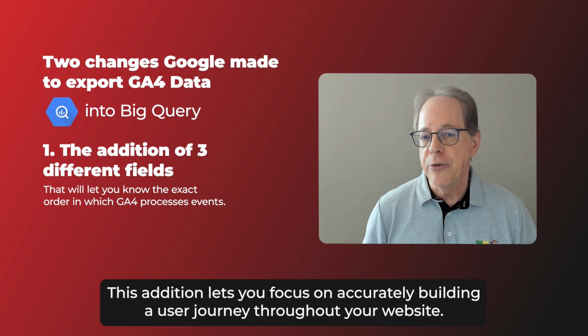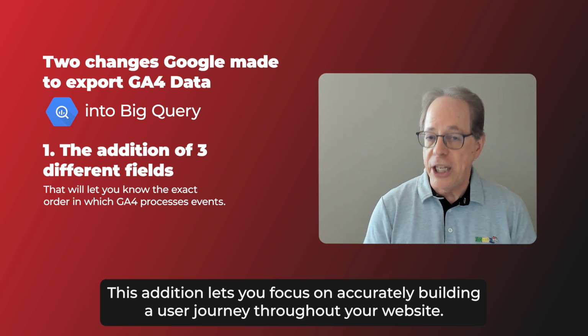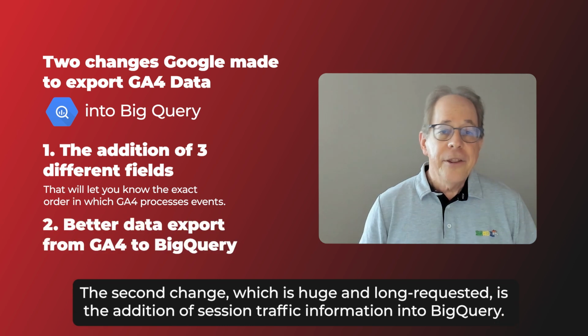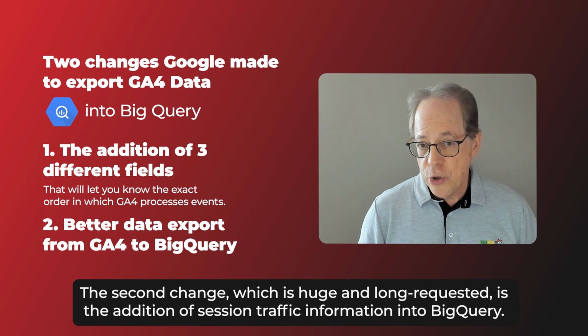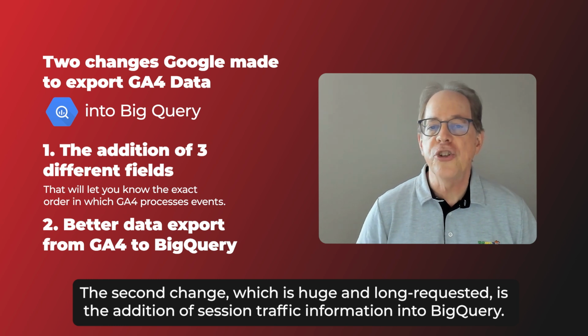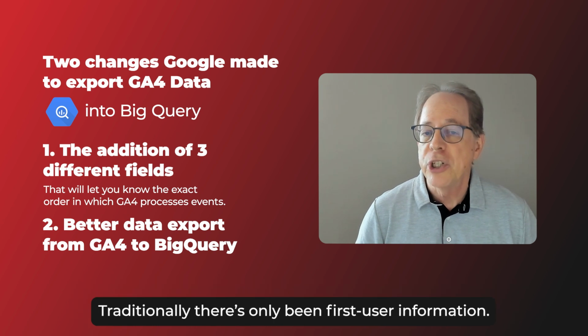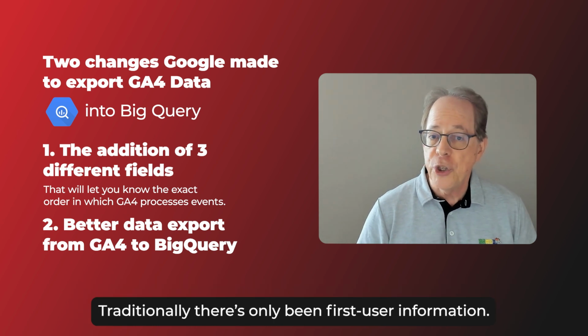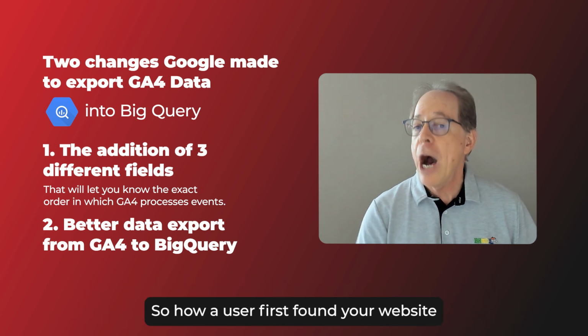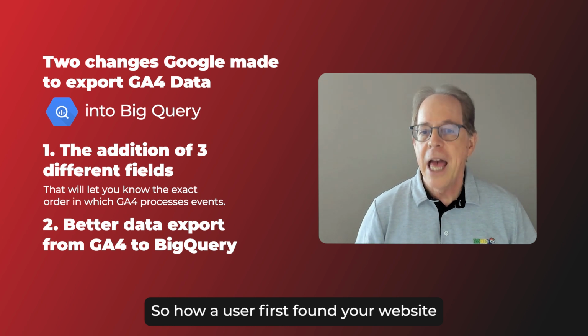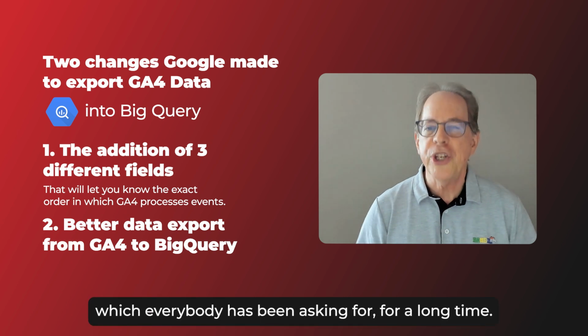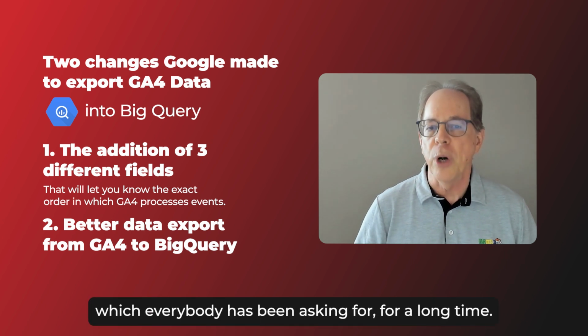This addition lets you focus on accurately building a user journey throughout your website. The second change, which is huge and long requested, is the addition of session traffic information into BigQuery. Traditionally, there's only been first user information, so how a user first found your website. But now there's session information, which everybody has been asking for a long time.